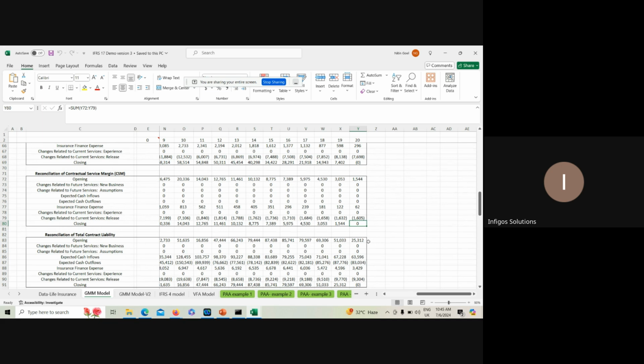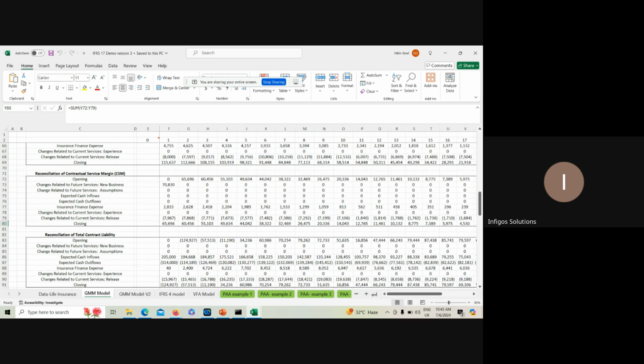Because whatever value you have of the liability, that liability over time should become zero. You cannot have liability, otherwise it will show as a loss in the balance sheet and profit and loss statement. So I was telling you about the total contract liability.